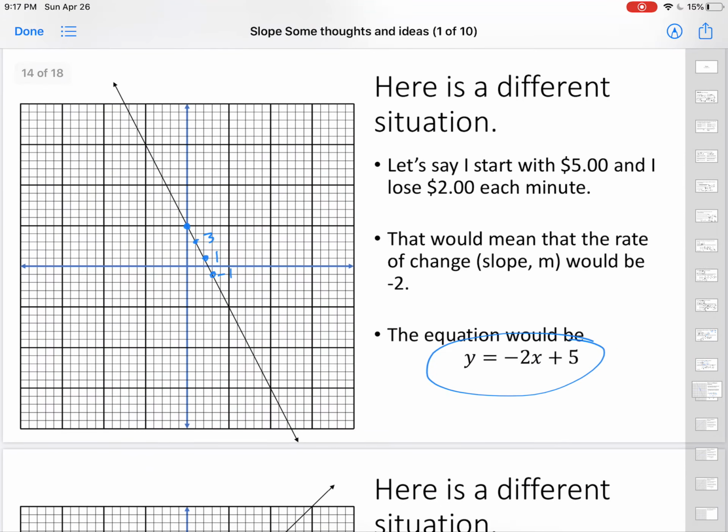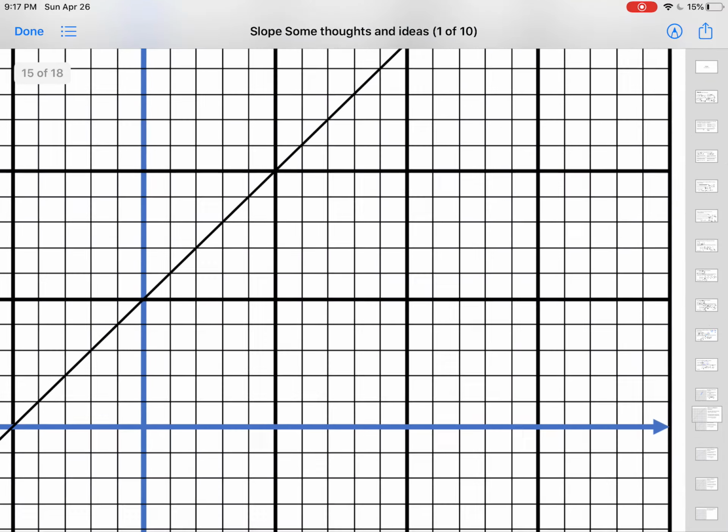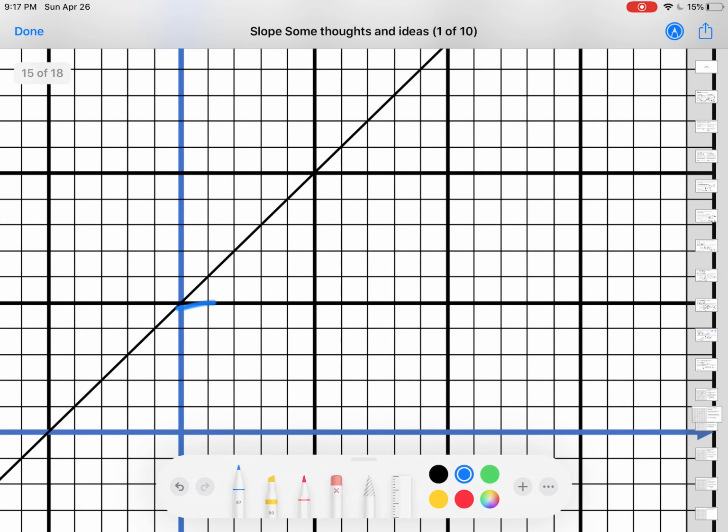Let's see another one. Here's a different situation. I start with $5 and I gain $1 each minute. 1 hour, 1 more dollar, 6. Another dollar, 7. Another hour, another dollar, 8. Every time I go 1 over, I go 1 up.